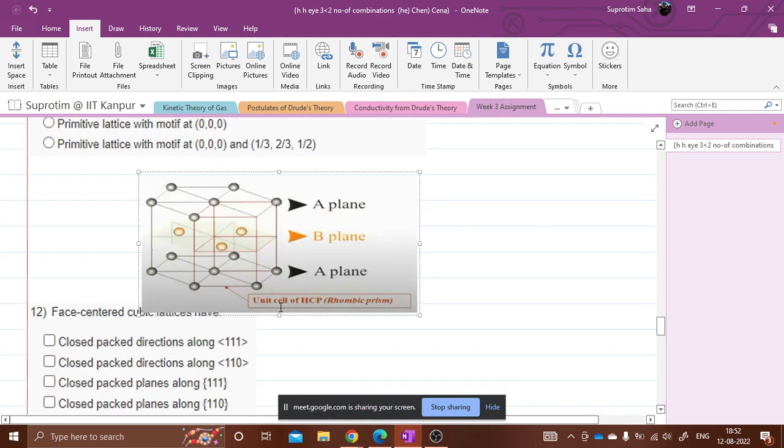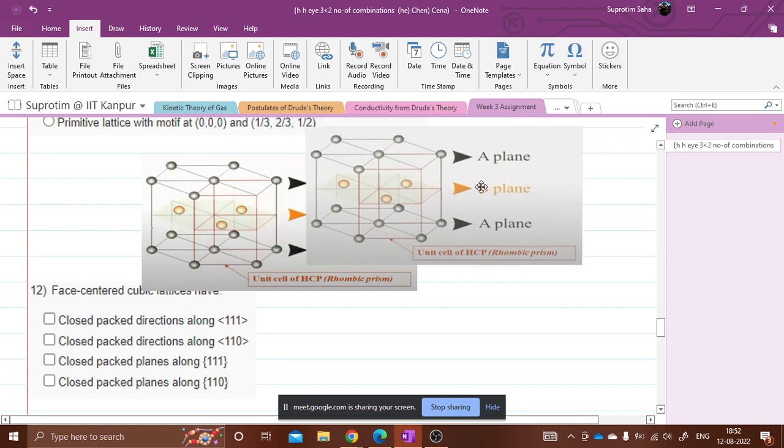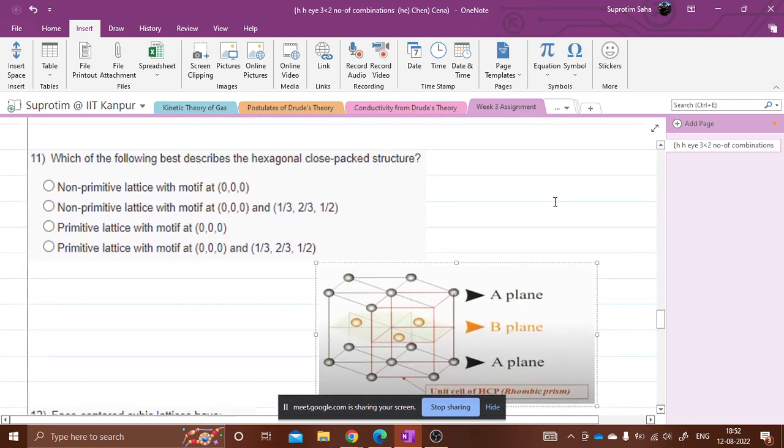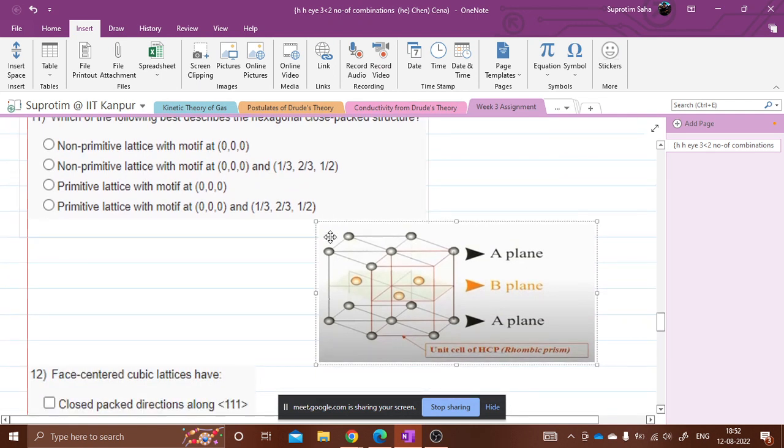Now this is it, right? So this is the hexagonal close packed structure. We have atoms at the 6 corners, at the middle, and also at the base plane. And in between them, there are 3 atoms which sit at the middle of these atoms, right?